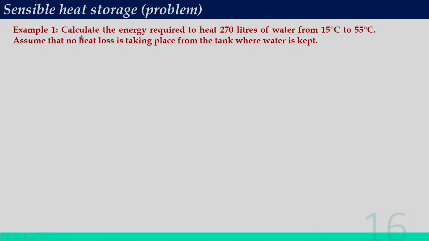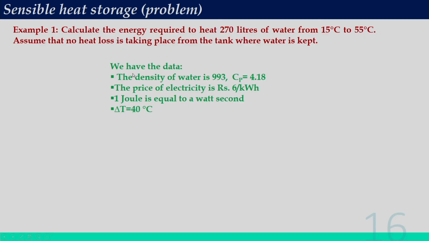Now, we will discuss one very basic problem: how sensible heat storage can be calculated. Calculate the energy required to heat 270 liters of water from 15 to 55 degrees C, assuming that no heat loss takes place from the tank where water is kept.